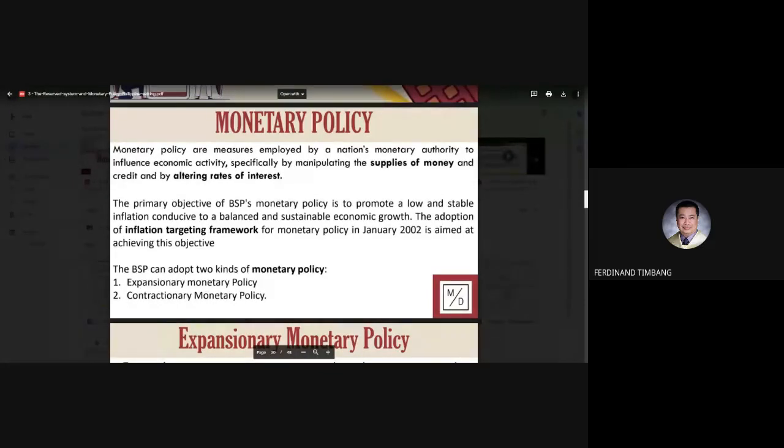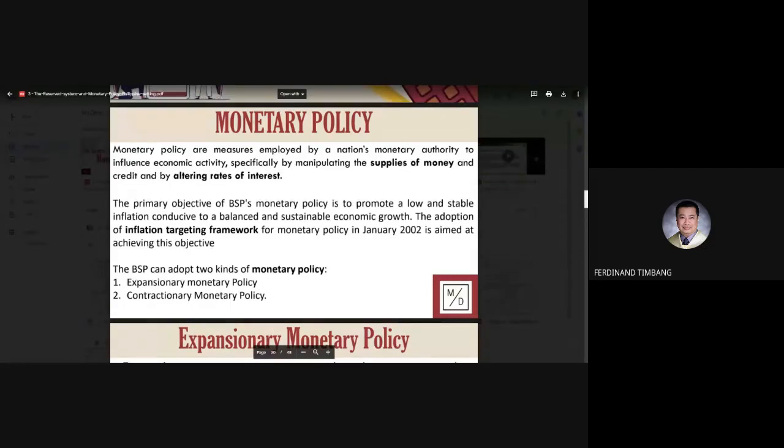Pero tumaas masyado ang ating inflation rate last year. Pero ngayon, bumaba naman nung nakaraang mga buwan. Parang 6 or 7% yata. So ano bang ginawang move ni BSP that time?